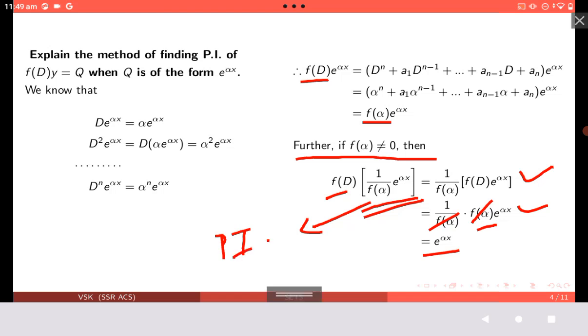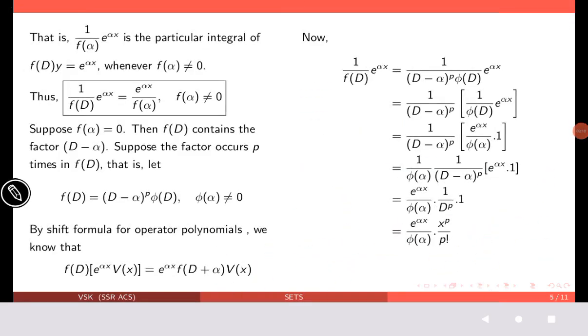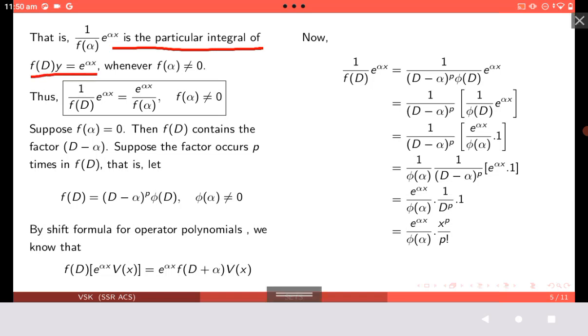That is, whenever F(alpha) is not equal to 0, 1 upon F(alpha) e to the power alpha x is the particular integral of F(D)y equal to e to the power alpha x. So you can take this as a formula: 1 upon F(D) e to the power alpha x is e to the power alpha x upon F(alpha), that is, D is replaced by alpha.